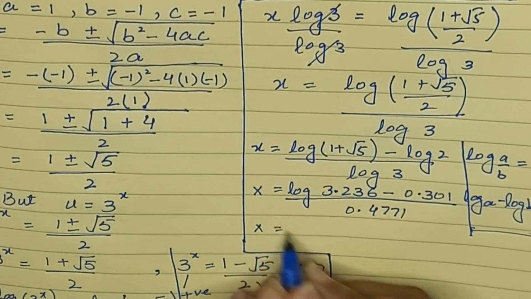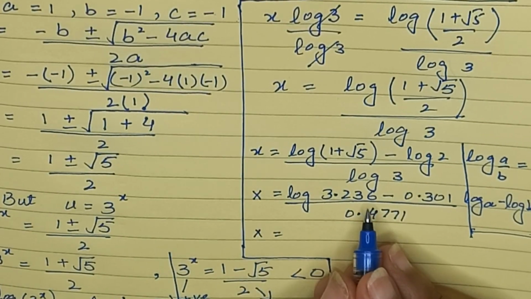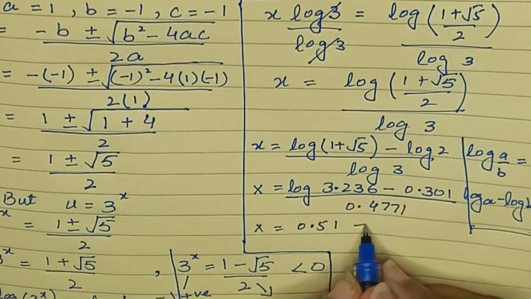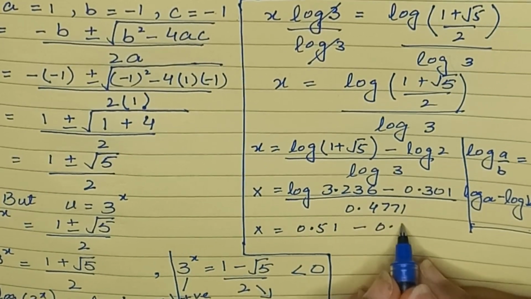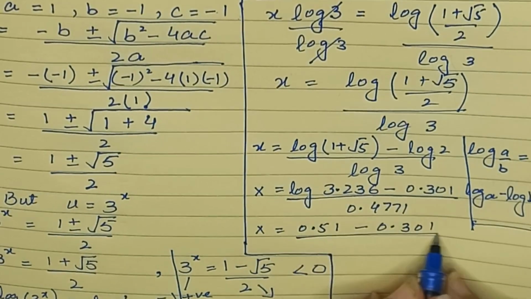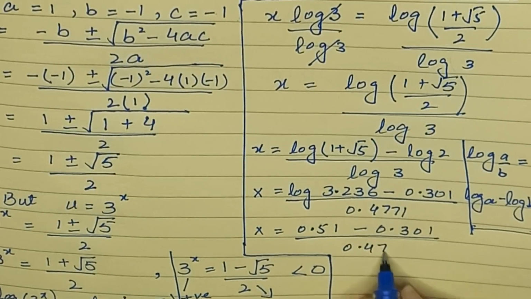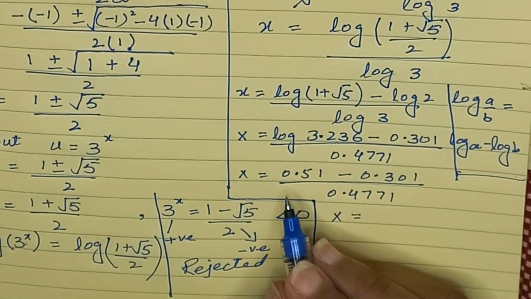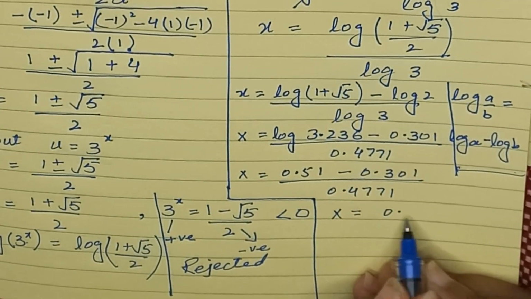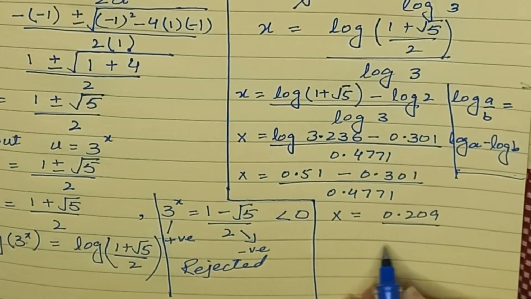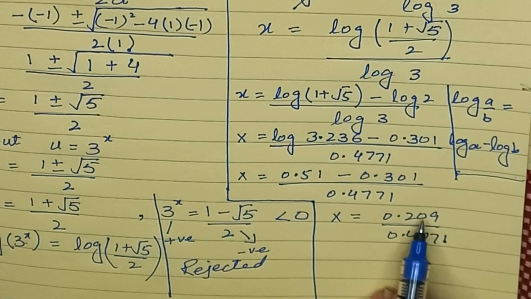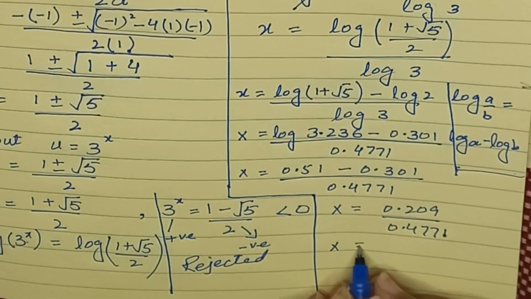So x is equal to log of 3.236, which is 0.51, minus 0.301, divided by 0.4771. So x will be equal to 0.209 divided by 0.4771.